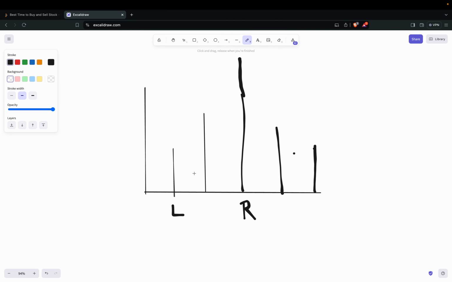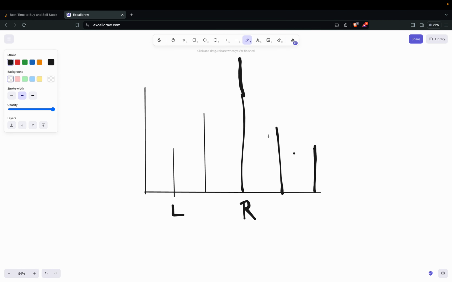Say yes, in this case L is less than R, and if L is less than R, then we are going to make profit. So that's happy news, and then we are going to take this difference and store it in a variable.